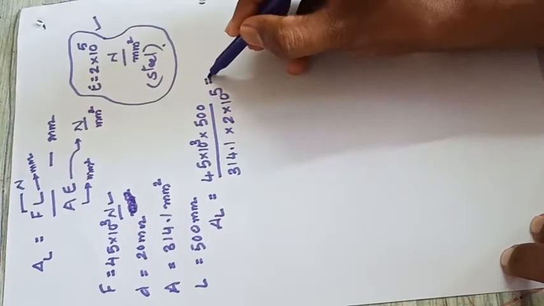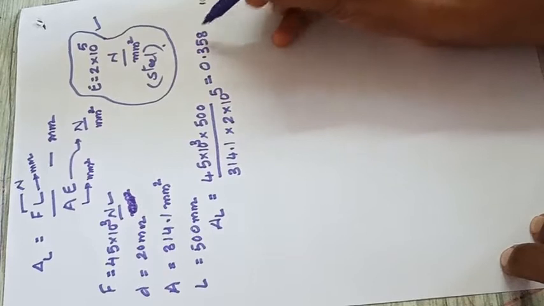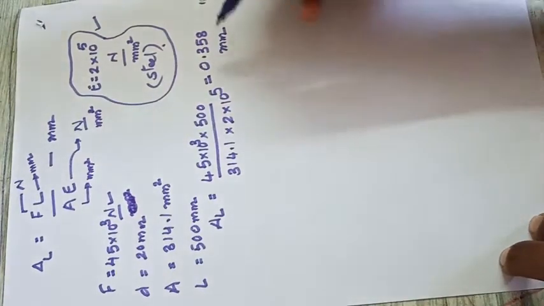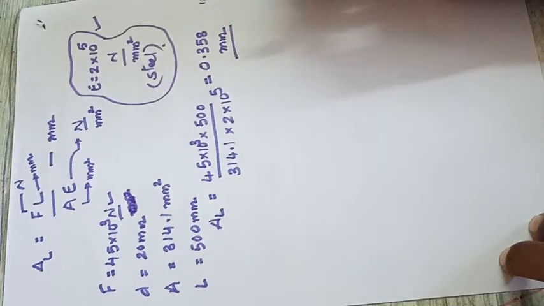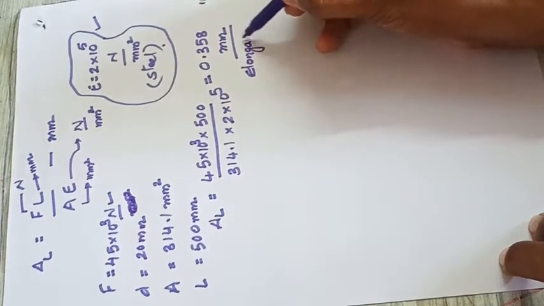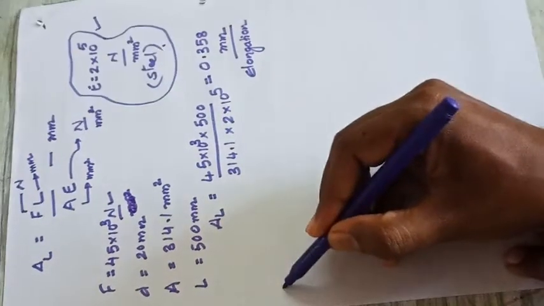So the answer is 0.358. The unit of the change in the length is mm. The applied load is tensile, so there will be an elongation or increase in the length. So let us take the second problem.